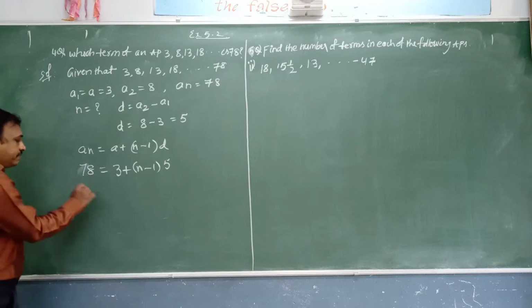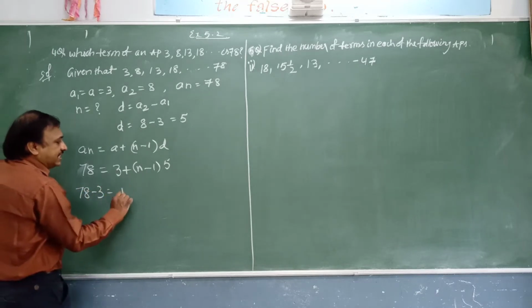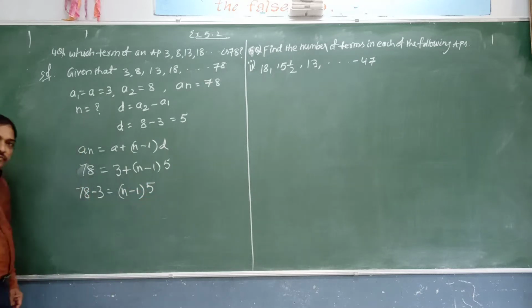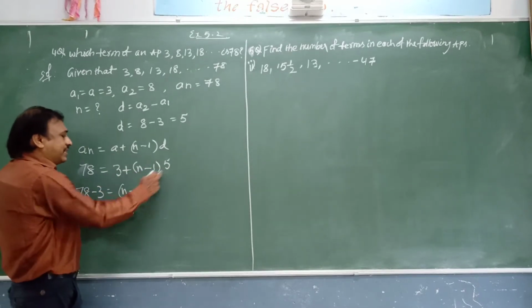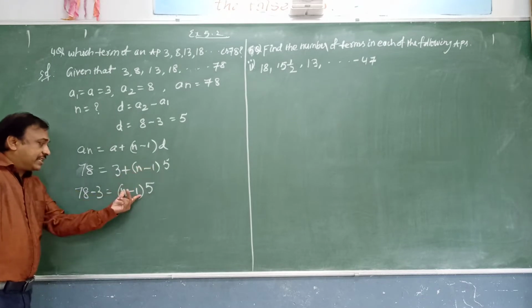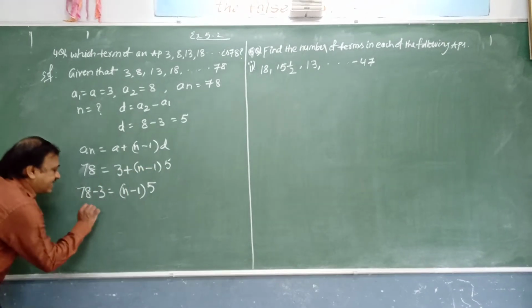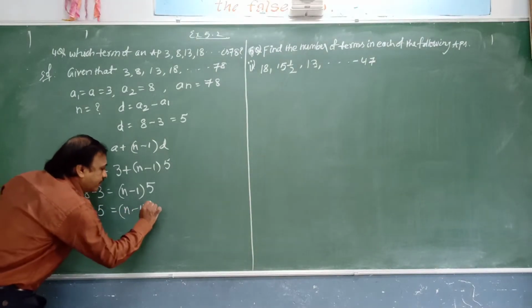So 78 minus 3 is equal to (n minus 1) into 5. You can also multiply 5 into n and 5 into 1, but first we transpose the 3 to this side. 78 minus 3 is 75, which is equal to (n minus 1) into 5.